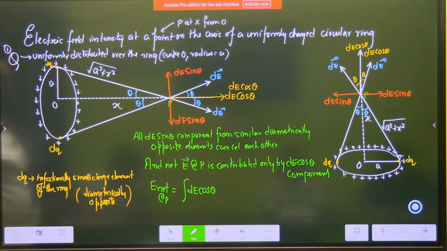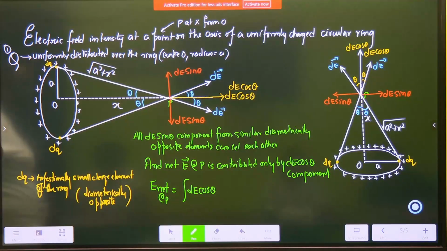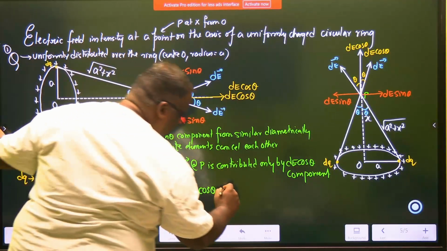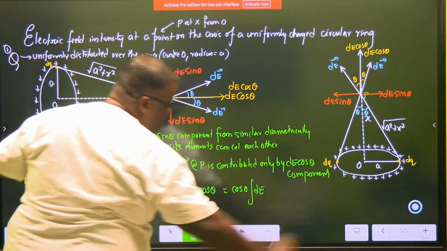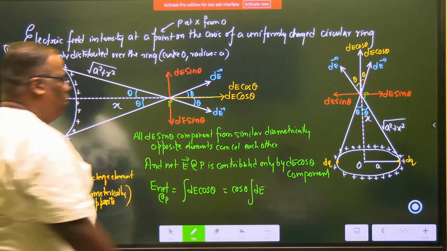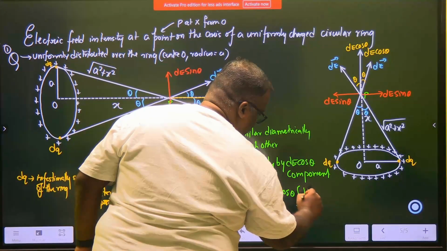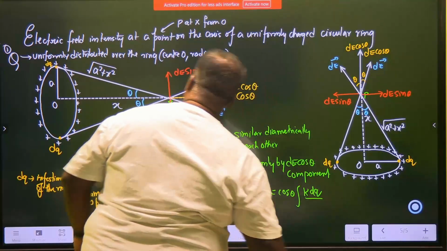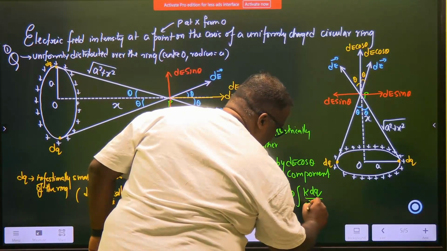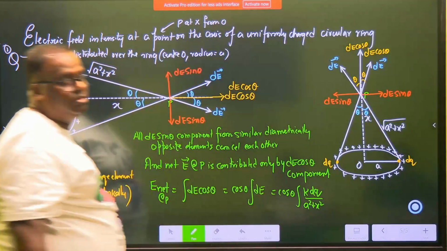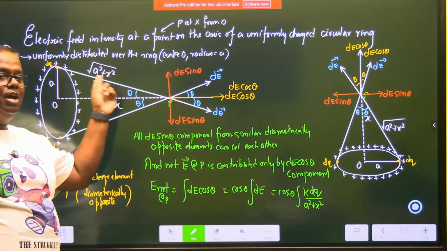Means dE cos theta, dE cos theta, dE cos theta, all these we will be integrating. Fine. Cos theta being a constant comes out of the integral, and it is now the integral of dE. Agreed? Okay. Cos theta being a constant remains outside. dE is K dQ by R square. What is your R square? A square plus X square. This is R square.